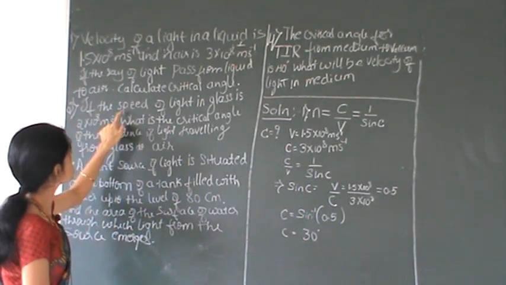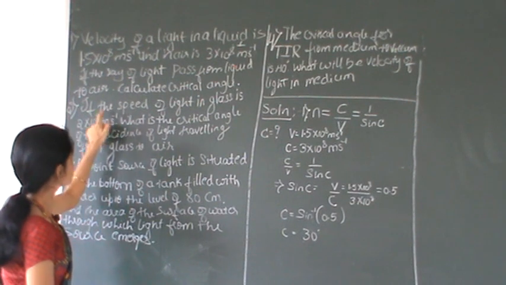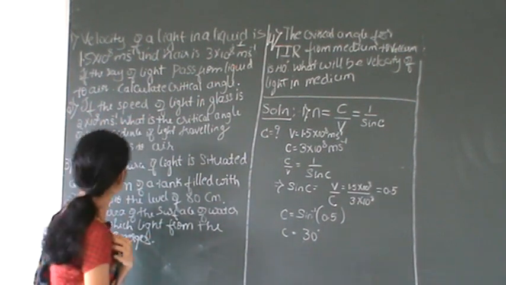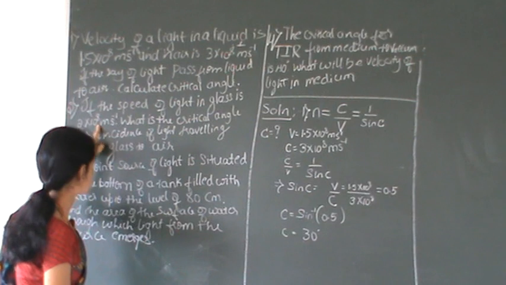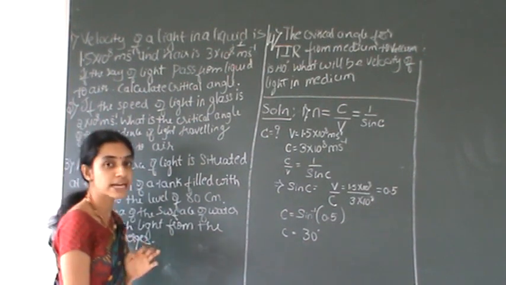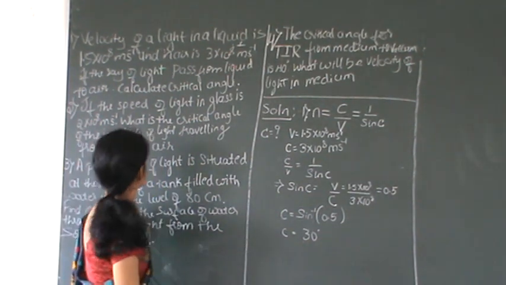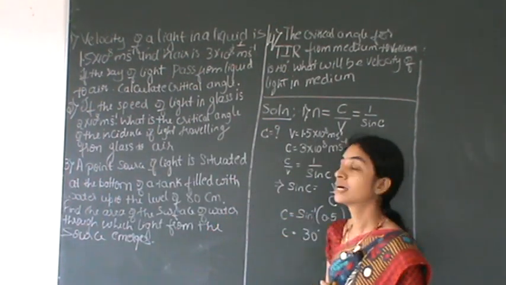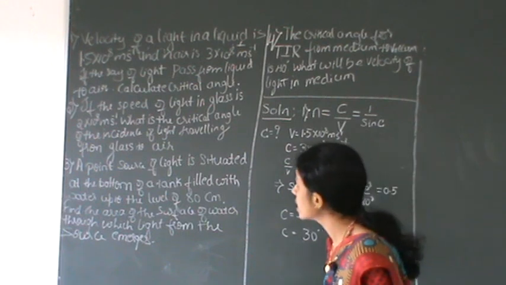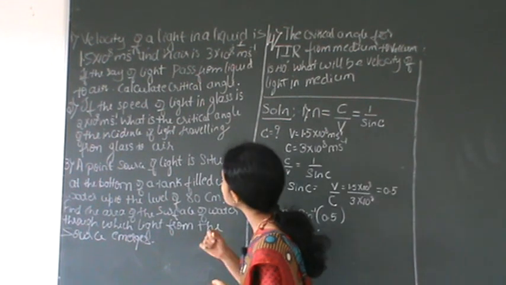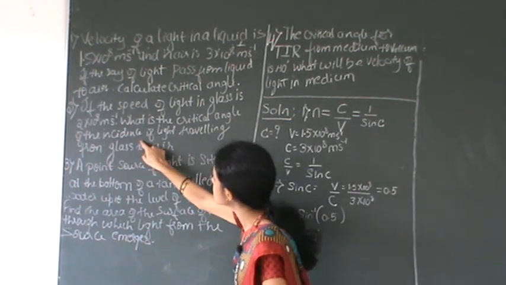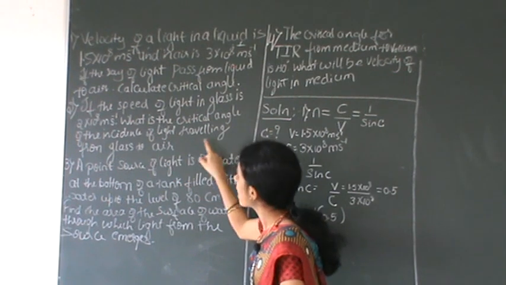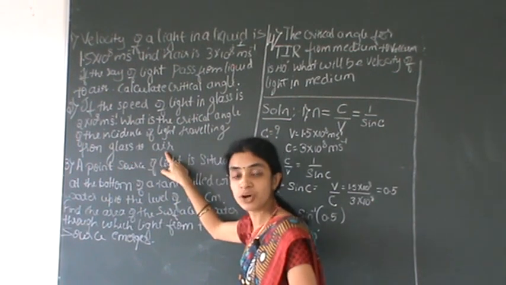Similar to the first one, the speed of light in glass is 2 × 10^8 meter per second. What you have to find out is the critical angle of incidence of light traveling from glass to air.